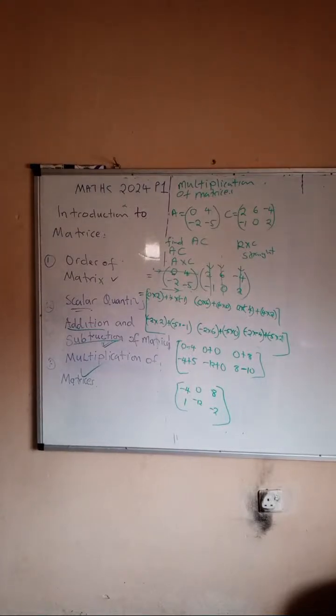I hope you have picked up an idea on what to do. That's a bit about multiplication. You always use row by column. So we'll end there for today. I know you need to practice a little bit more on multiplication.